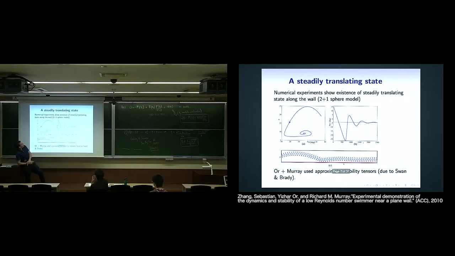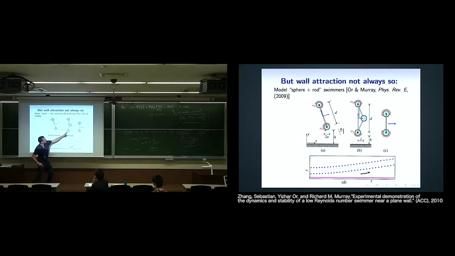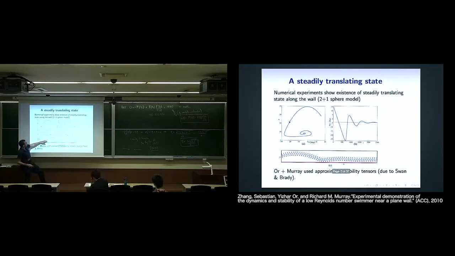Here's something else he noticed. Look at this. This is one of these swimmers. He calls it a 2 plus 1. Two are actuated. This one just sits there. And here's what he did. He noticed, look, for a period, this is actual video shoots. It moves away from the wall, but then it reorients, and then moves towards the wall, moves up again, and eventually settles down until it's in a steadily translating state along the wall.